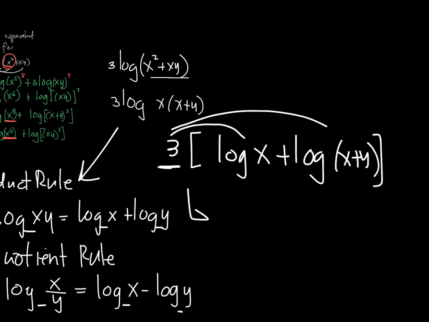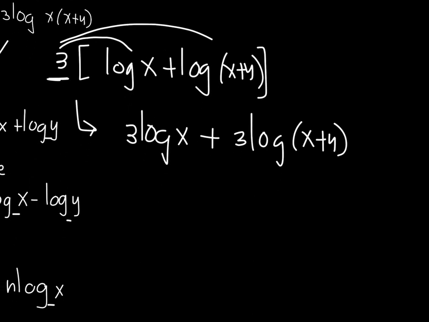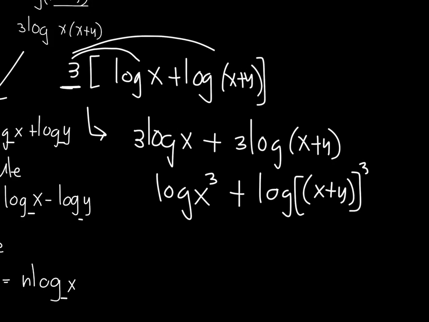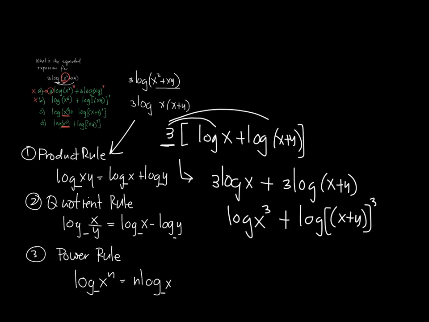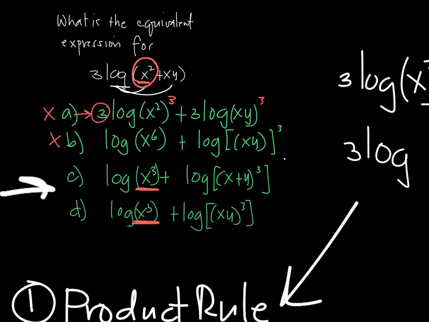When you distribute, that's 3 log x plus 3 log of x plus y. Hence, by the power rule, this is log x cubed and log of x plus y cubed, which is the choice letter C. So this is the answer to this question.